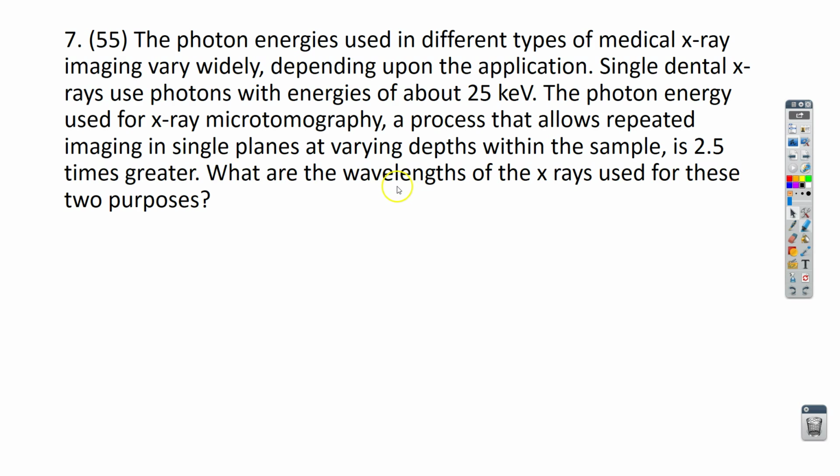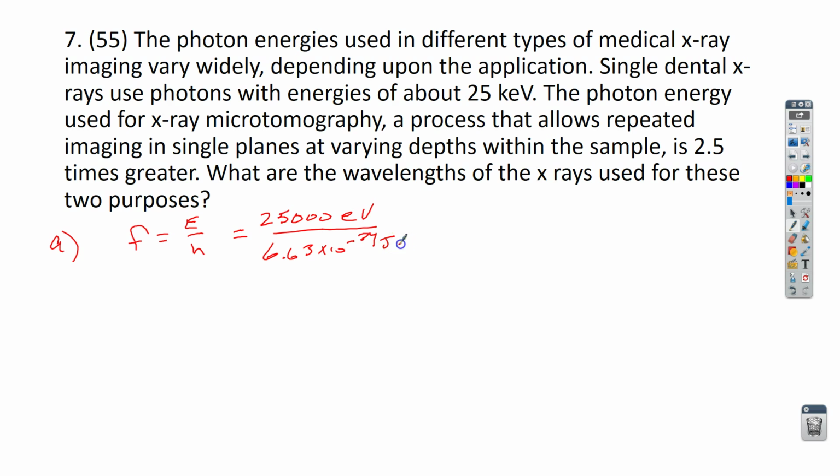Okay, so for the very first one, what we're going to do here is, for these two purposes, sorry, I said three. First one, we need to say the frequency is equal to the energy divided by Planck's constant. So this is for the first purpose. We said that that one's 25 keV, so that's 25,000 eV, all over 6.63 times 10 to the negative 34th.